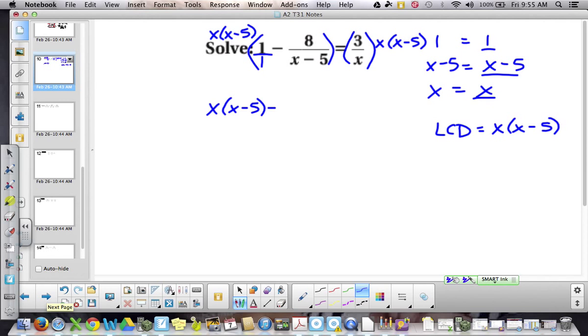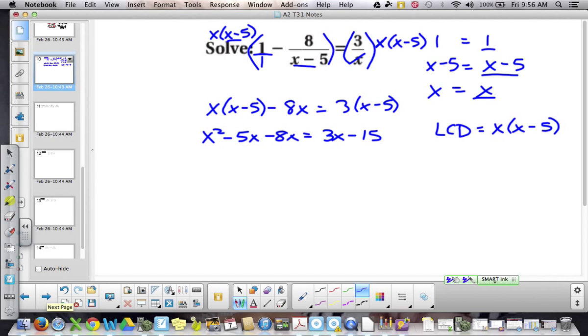The x minus 5s are going to cancel out, and you're just left with 8x. Over here on the right side, the x's are going to cancel out, and you're just left with 3 times x minus 5. If we distribute, we get x squared minus 5x minus 8x equal to 3x minus 15.